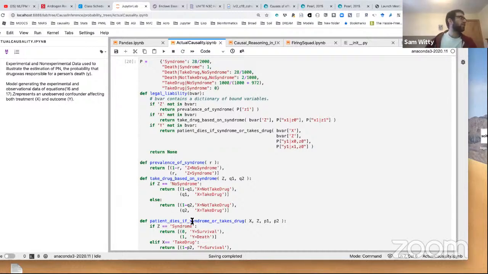Well, if your treatment is continuous, for example, or maybe a high dimensional categorical, then to say that an intervention is necessary for an outcome means, as far as I can tell, that you have to enumerate all of the other assignments of treatment and show that under all of them, the outcome would not have happened.